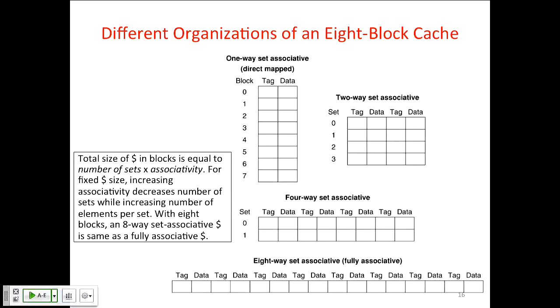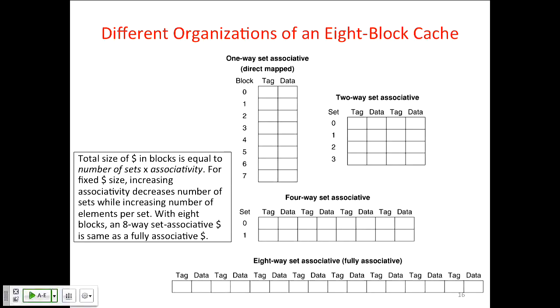Now there are 2 blocks in each set for the 2 ways, and now I have 4 sets, right? Or I could make it 4-way set associative. I have 4 blocks in each set, and now I only have 2 sets. So you have this complete continuum between direct mapped and fully associative, depending on how you shuffle things between sets and ways. All right, so that's the design space you have.